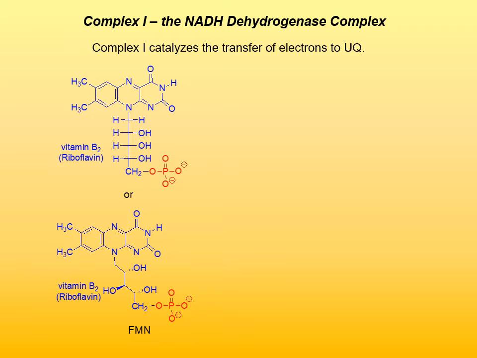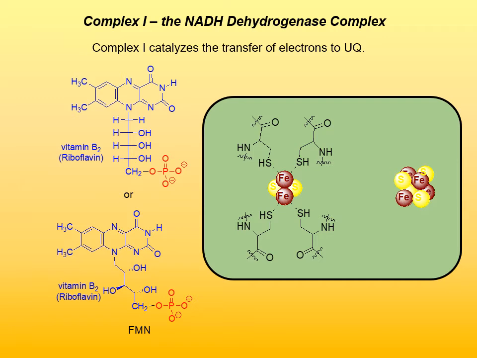They are either in the form of Fe2S2 or Fe4S4, which means 2 or 4 iron atoms that are complexed to an equal number of sulfide ions. The remaining coordination sites of iron are bound to cysteine residues. Proteins that contain iron-sulfur centers are called non-heme proteins.